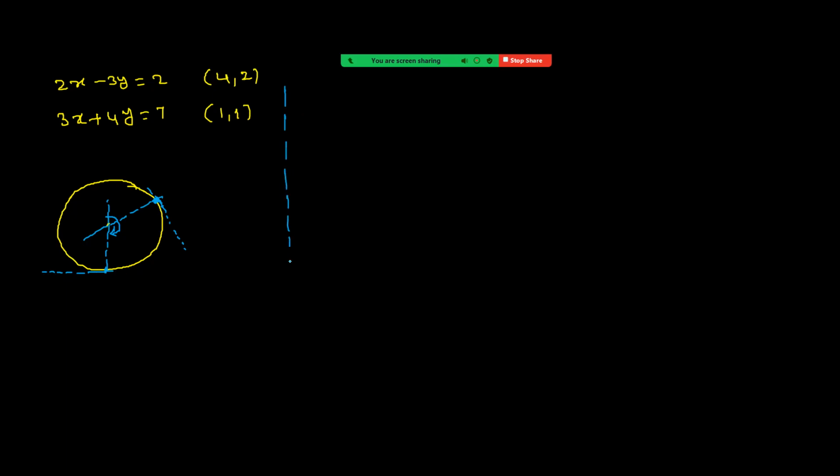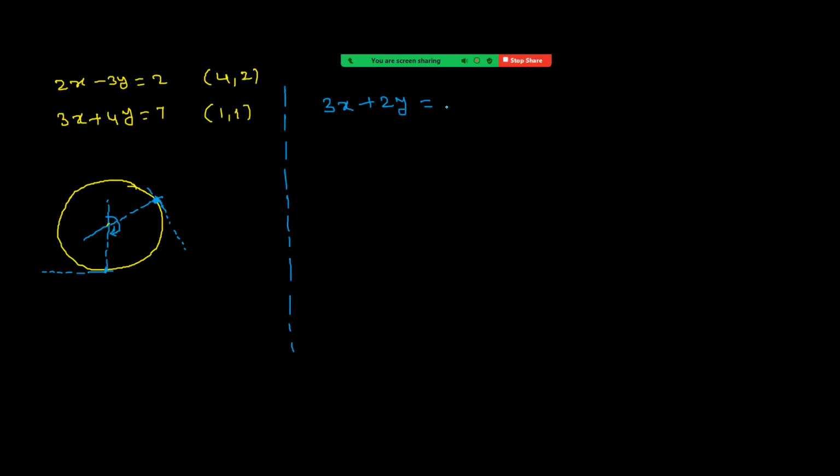In fact, we can do this on our own. Given the line equation, for this line we have to get a normal. Then see what we are doing here. For this normal, I am taking 3x plus 2y is equal to some constant, right?